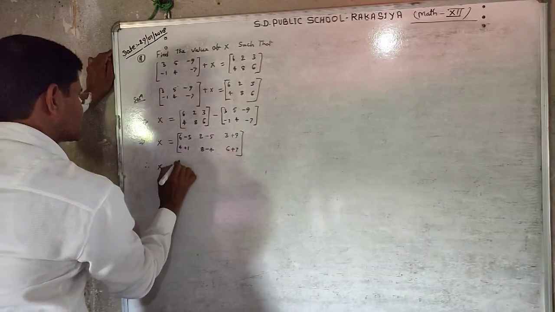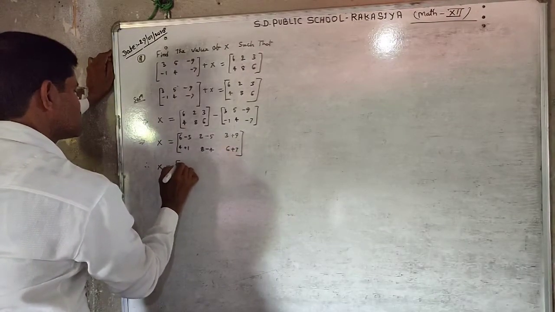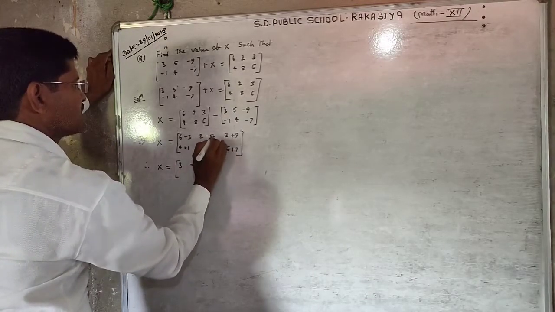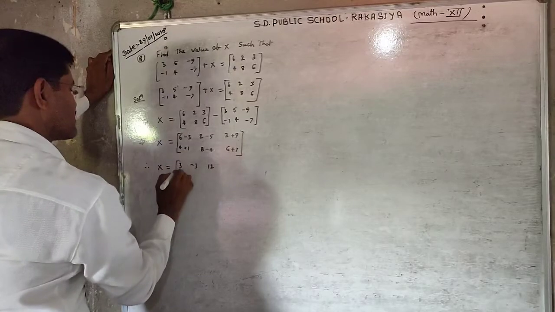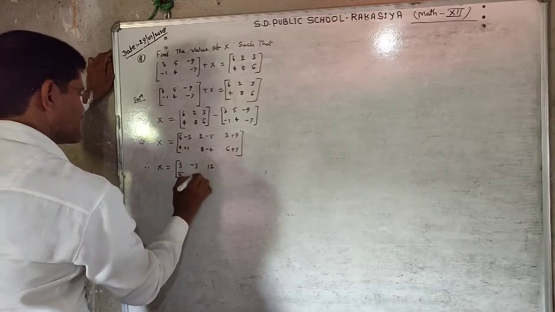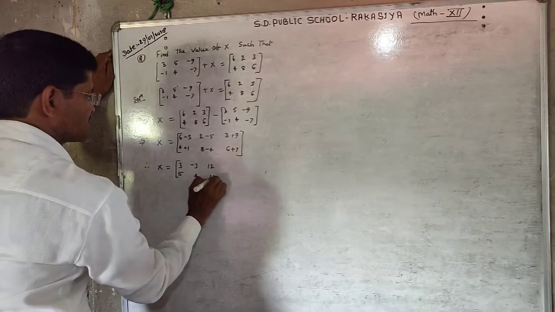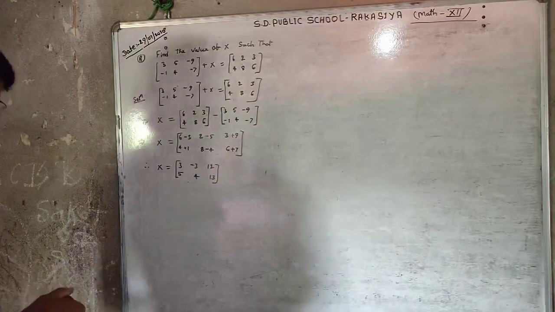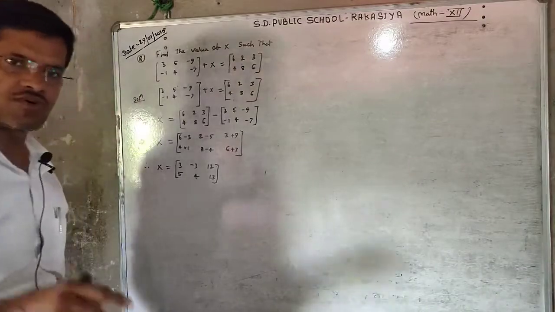Therefore, the matrix X becomes 3, 2 minus 5 is minus 3, 8 is 12; 4 plus 1 is 5, 8 minus 4 is 4, and 6 plus 7 is 13. Now we can see the next question.